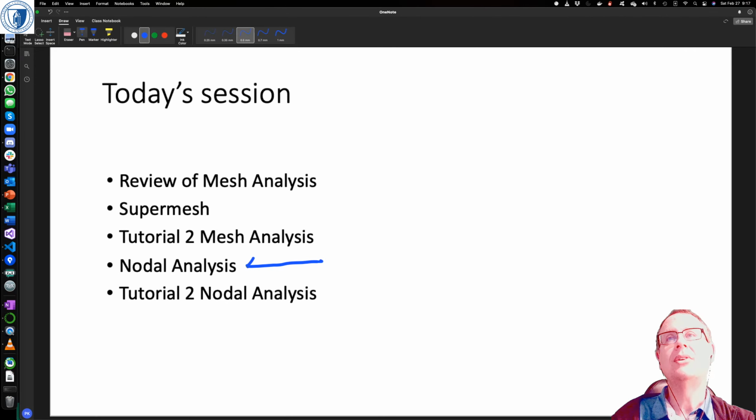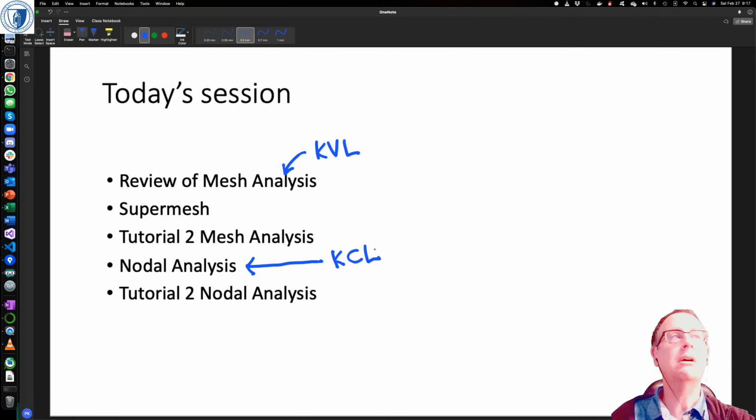Whereas mesh analysis uses mostly Kirchhoff's voltage law, nodal analysis uses Kirchhoff's current law in order to put together a system of equations that describe how the circuit works, and then you can solve those equations the way I showed you last time on the calculator. I probably won't use the calculator again.